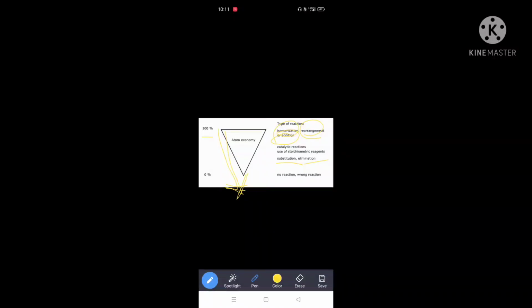Substitution means we can substitute one of the products by another one. For example, if you substitute a nucleophile or electrophile, we can lose byproducts also. And in elimination, we eliminate some of the atoms from the reactants. So that is also not suitable for an atom economic reaction.